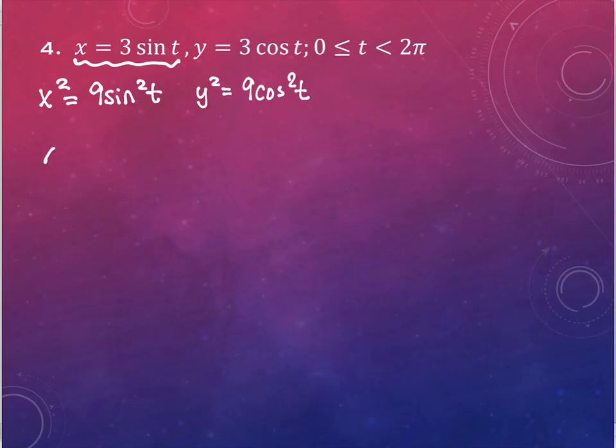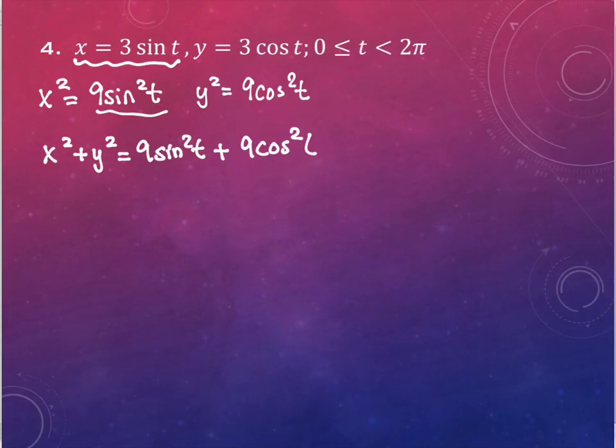What happens now if I add x squared plus y squared together? Well, x squared is 9 sine squared of t, and y squared is 9 cosine squared of t. Why would I want to do that? Okay, so what trig identity is happening here? Do you guys see it? A Pythagorean one, right?